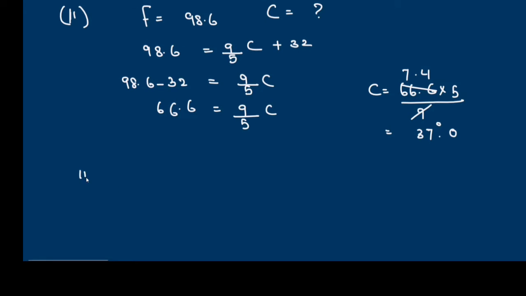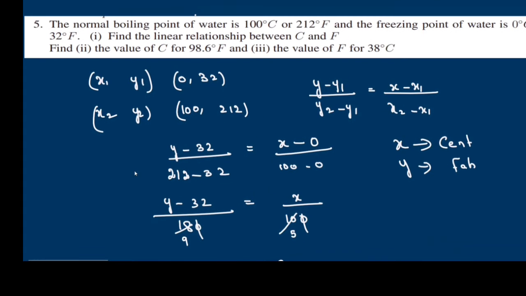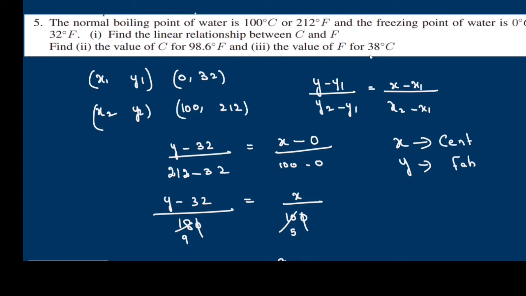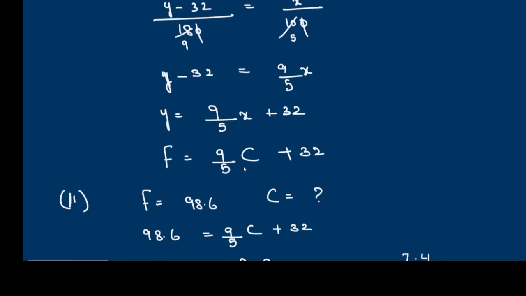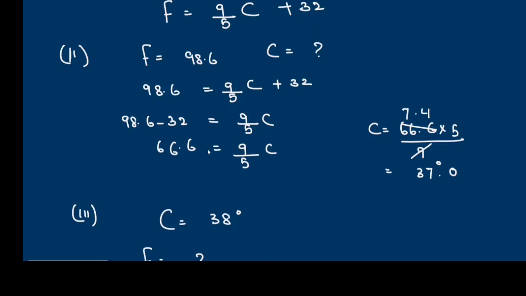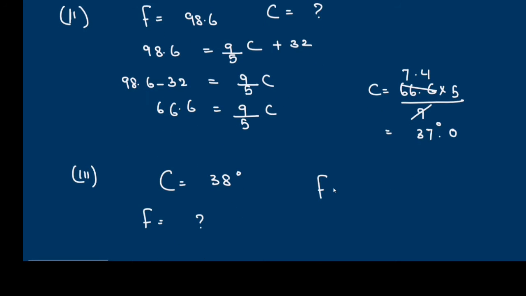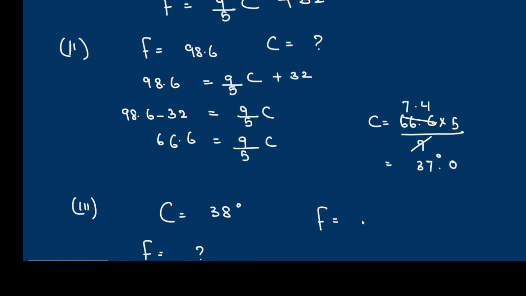What is the third part of the question? Find the value of F for C is 38. So now C is given as 38 degrees. Find F. So substitute in the same equation we found: F is 9 by 5 times C plus 32.